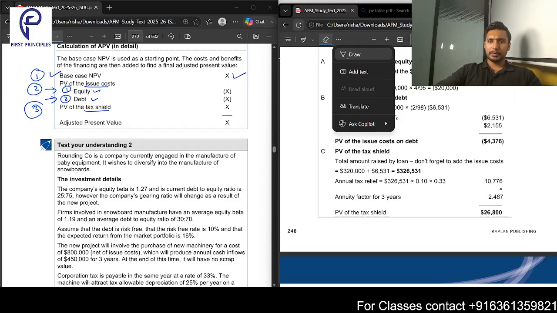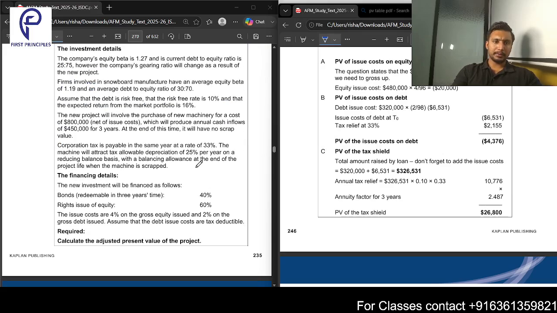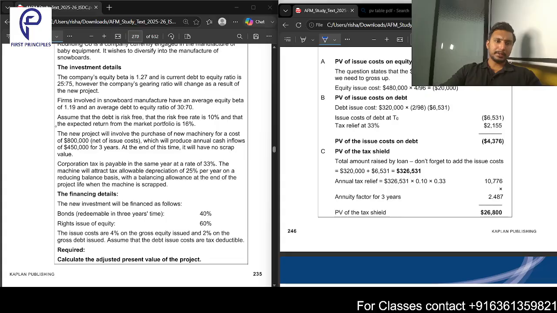The total amount that I have raised here is 800,000 in this sum. Why? Because that is the money I needed, and this is given net of issue cost. We have already included the issue cost.